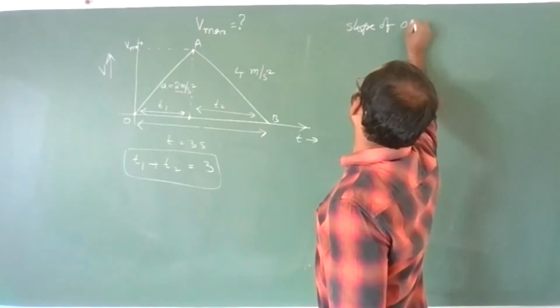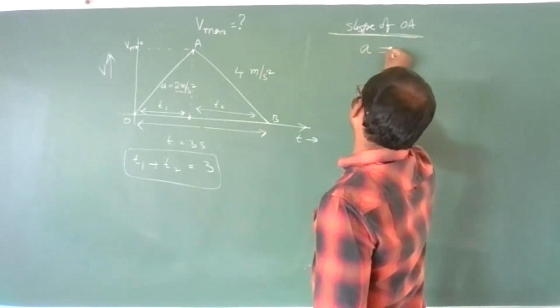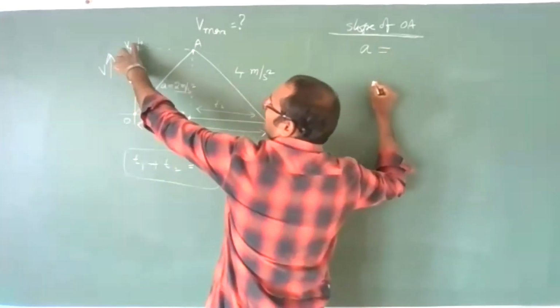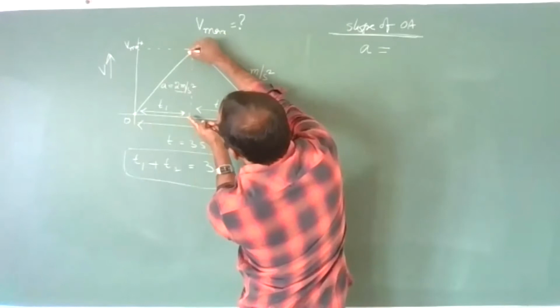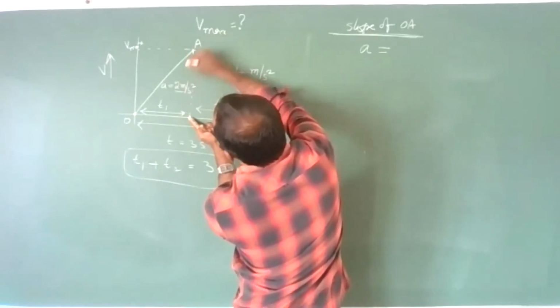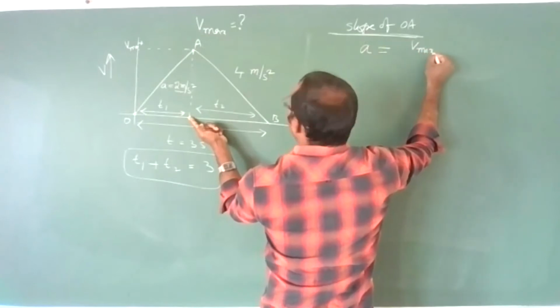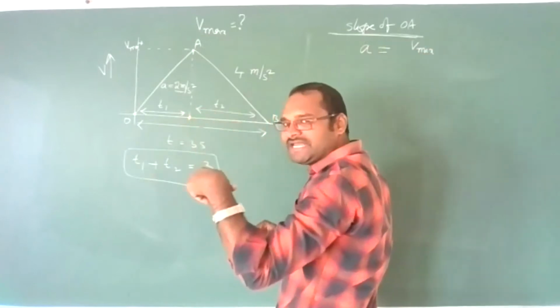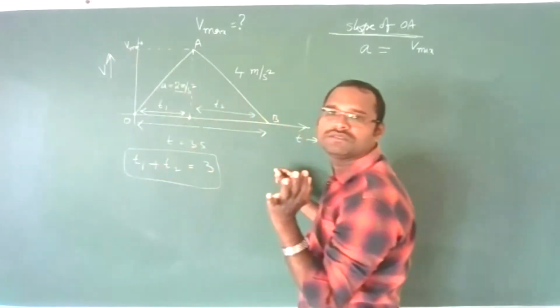Slope of OA graph gives us acceleration, that is nothing but change in velocity. This y value upon x value. Y value how much? 0 to V maximum. Acceleration is change in velocity by time. Change in velocity is V maximum minus 0, V maximum only.